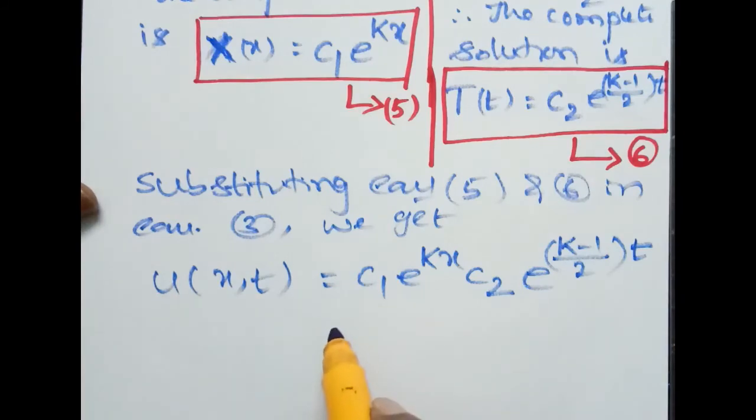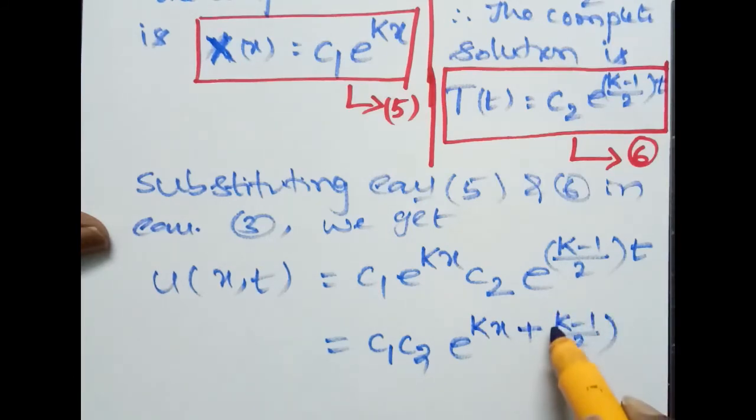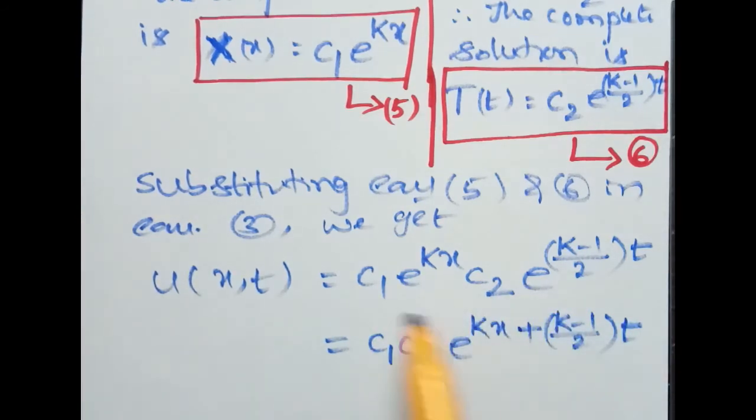Therefore, this can be written as c1 into c2 into e to the power of kx plus (k minus 1 by 2) into t. Since bases are equal, we are adding the powers.